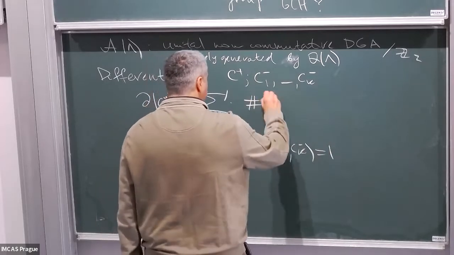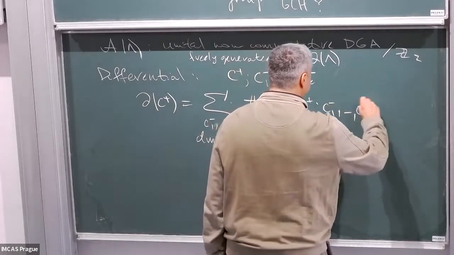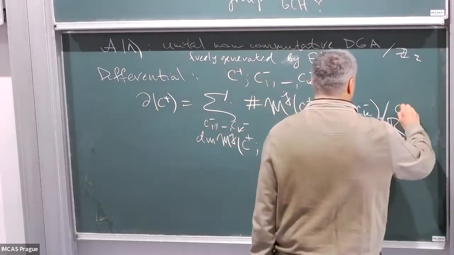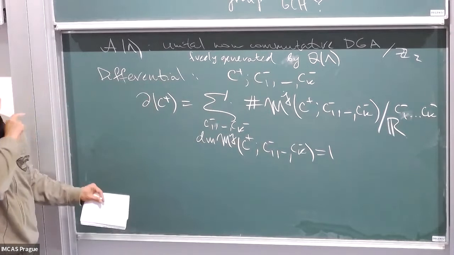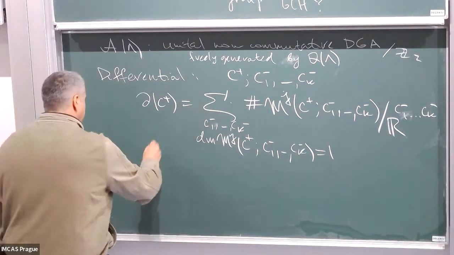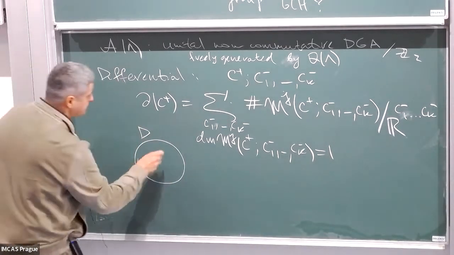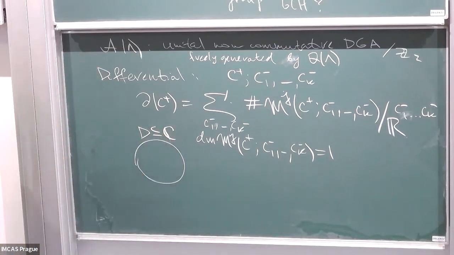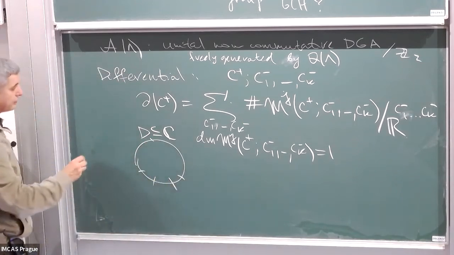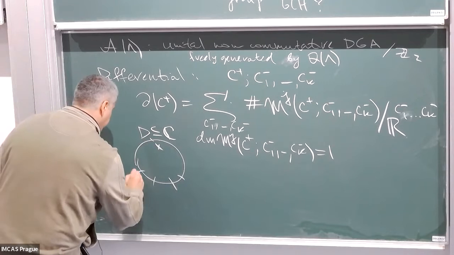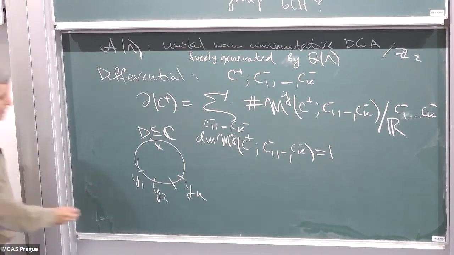Here we count the number of elements in this moduli space, and we take the quotient by R. Let me explain what appears in this formula. We consider a disk D in the standard complex line, and we remove some points on the boundary: a point X, and points Y1, Y2, up to Yk.